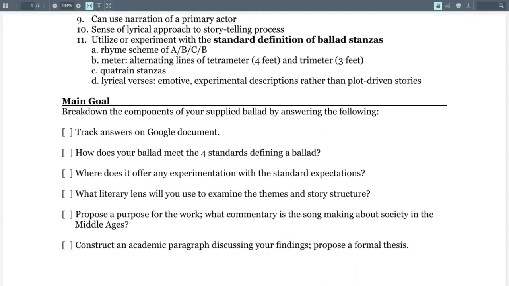This is a good example of how a lens choice is not necessarily dictating what the author themselves was thinking. It's showing you the subconscious influences of society of the time on the author.